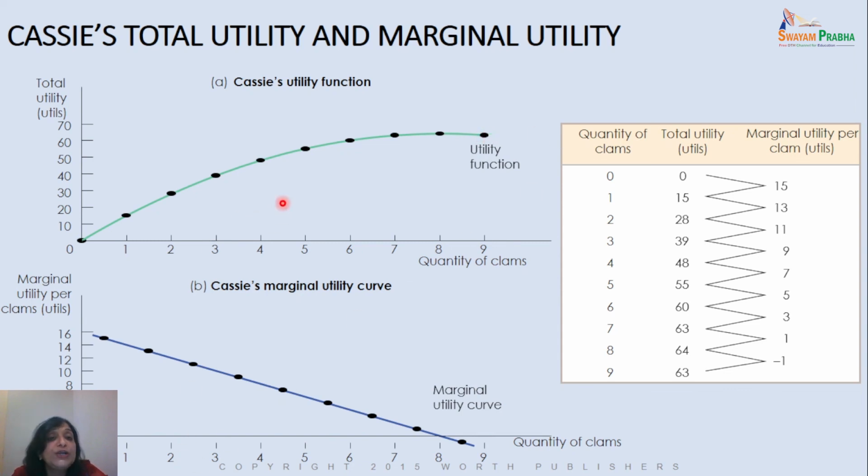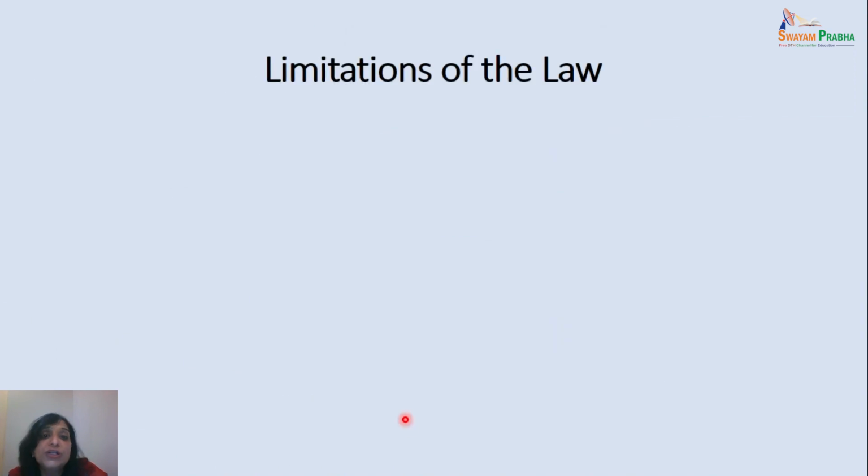So corresponding to the total utility function, we have a marginal utility function in the B panel of this graph. What is it showing? It is showing that your marginal utility is declining as you are consuming more of the same product. So this is called the law of diminishing marginal utility.